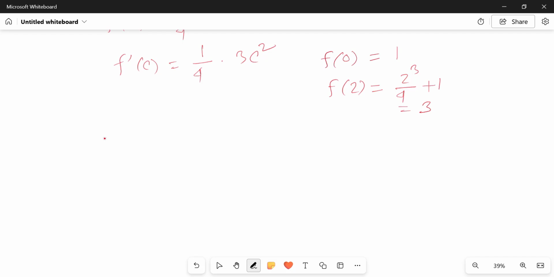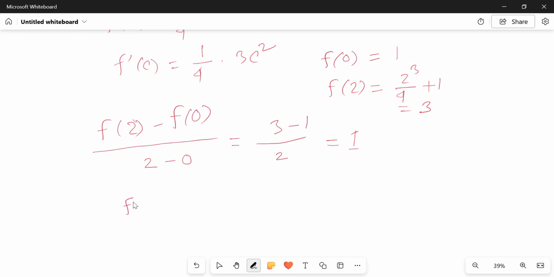Now we calculate f of 2 minus f of 0 divided by 2 minus 0, we get 3 minus 1 divided by 2, so we get 1.